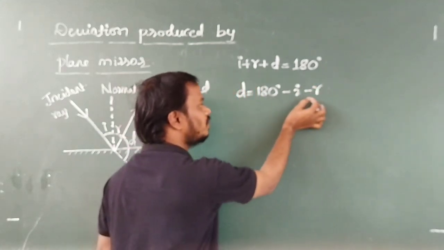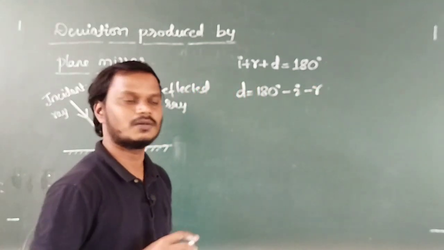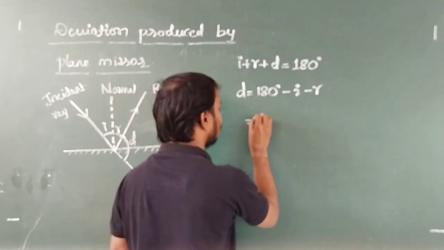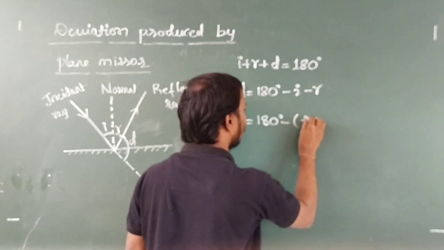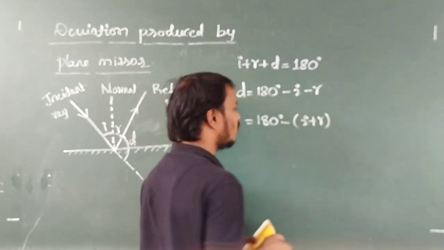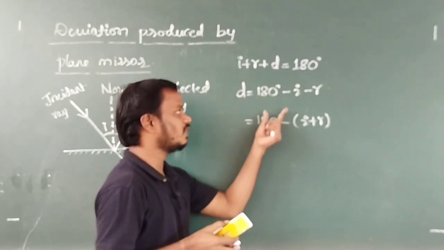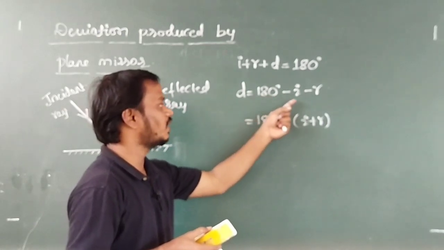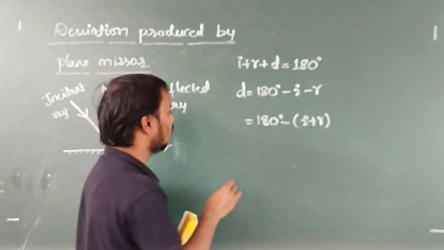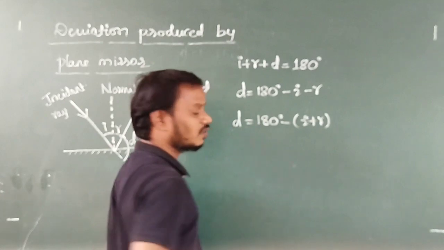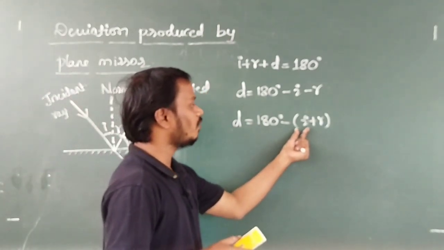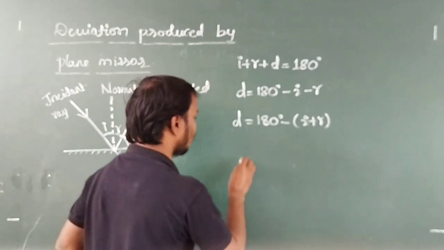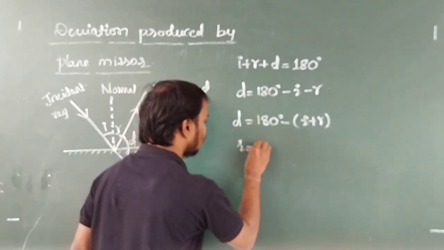Then in these two, what is common? The minus sign is common. I will take minus as common. 180 degrees minus (i plus r). Once again, multiplying this bracket with the negative sign, you will get the same thing, that is 180 minus i minus r. Then according to the first law of reflection of light, the angle of incidence is equal to the angle of reflection, that is i equals r.